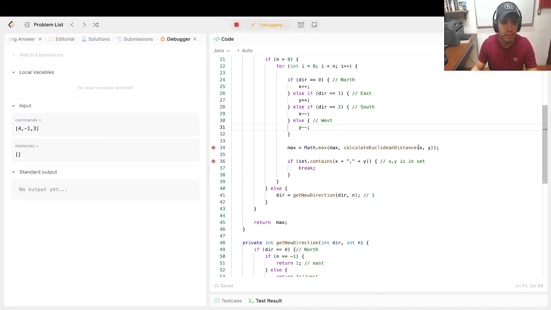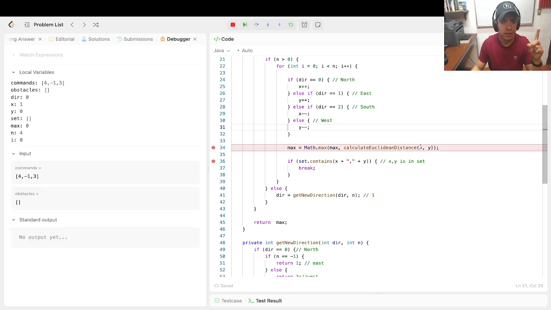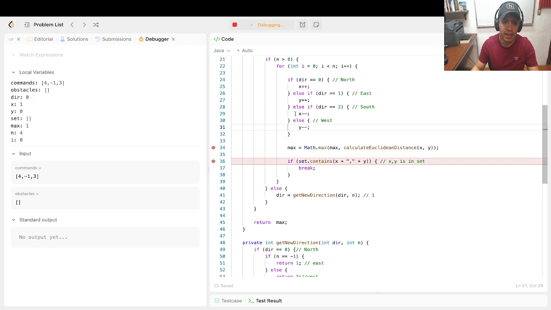The first time x should have 1, because the first value is 4, which means we need to work in the north direction. Yeah, the first time it is 1 because it's increased. Okay, next max is equal to 1. Got it?